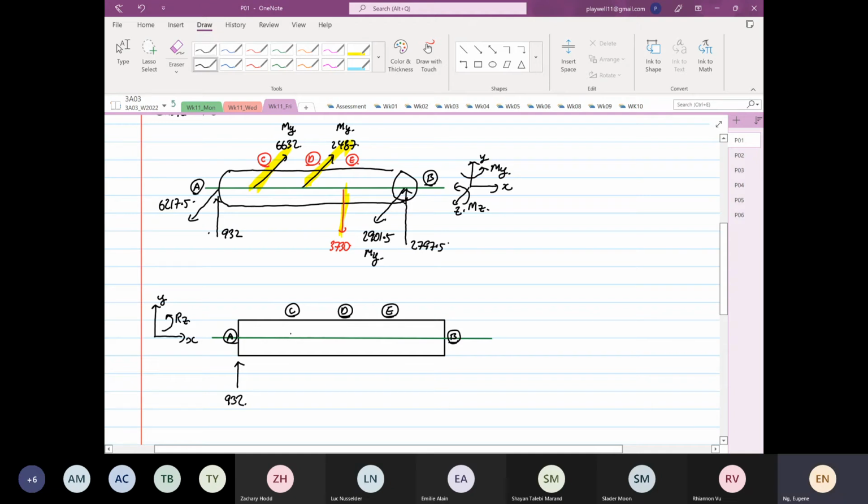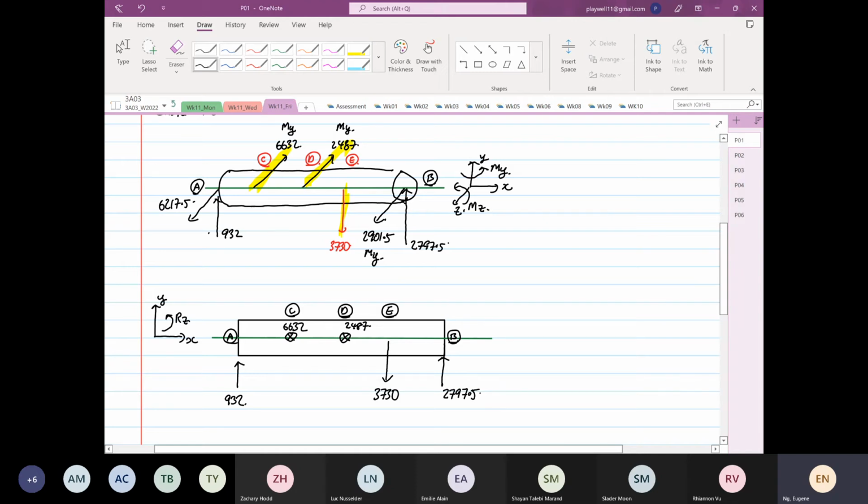At C, we have 6632. At D, we have 2487. At E, it's coming down at 3730. And then at B, we have a force going at 2797.5. Like what we've done before, ignore the dots and crosses.